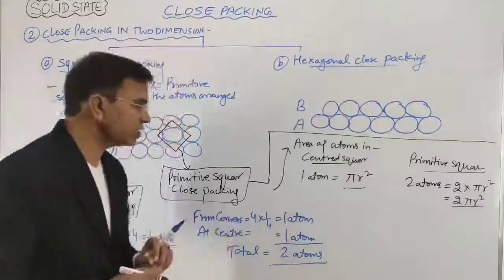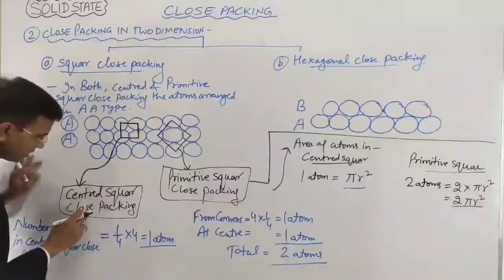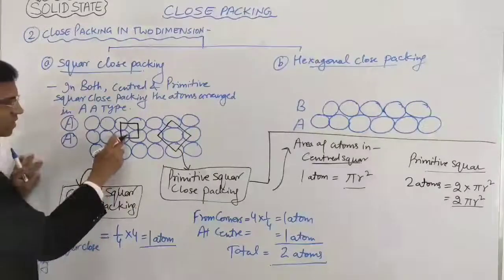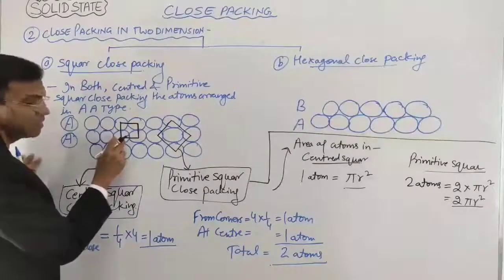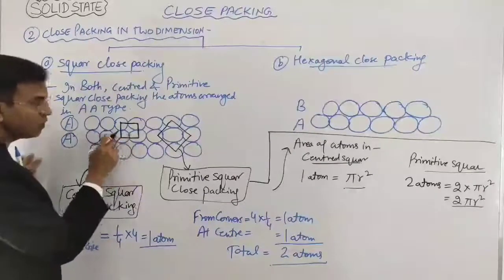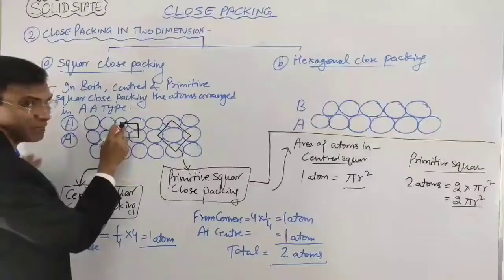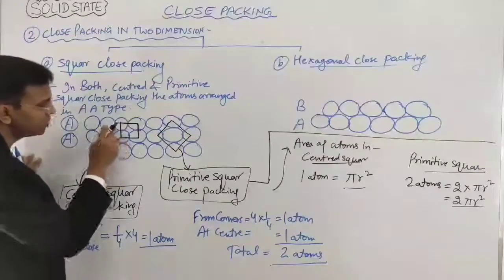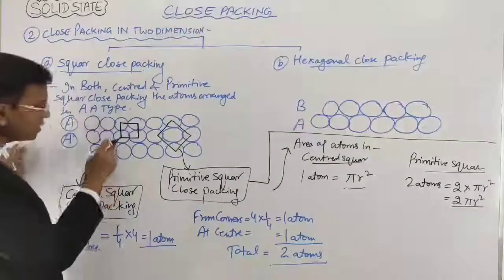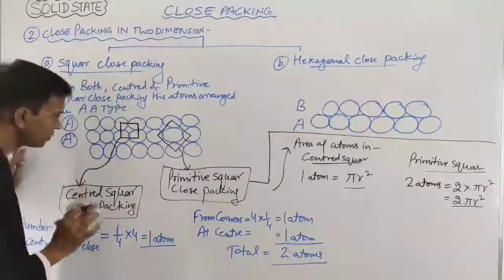Now move to the coordination number. The coordination number in centered square close packing is, you may observe easily here, that 1 atom is touching 4 atoms. 2 atoms of the same layer, 1 atom of the upper layer and 1 atom from the lower layer. So 4 atoms touching 1 atom. So the coordination number of centered square close packing is 4.